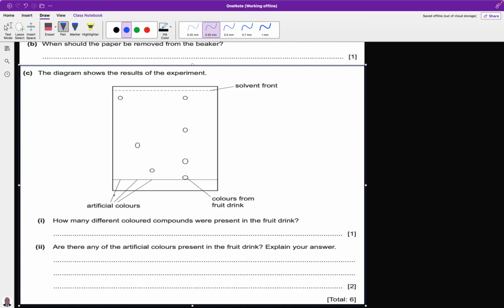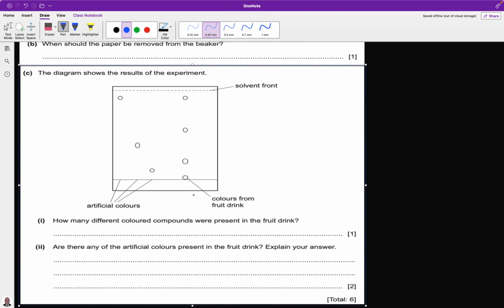The question reads: how many different colored compounds were present in the fruit drink?